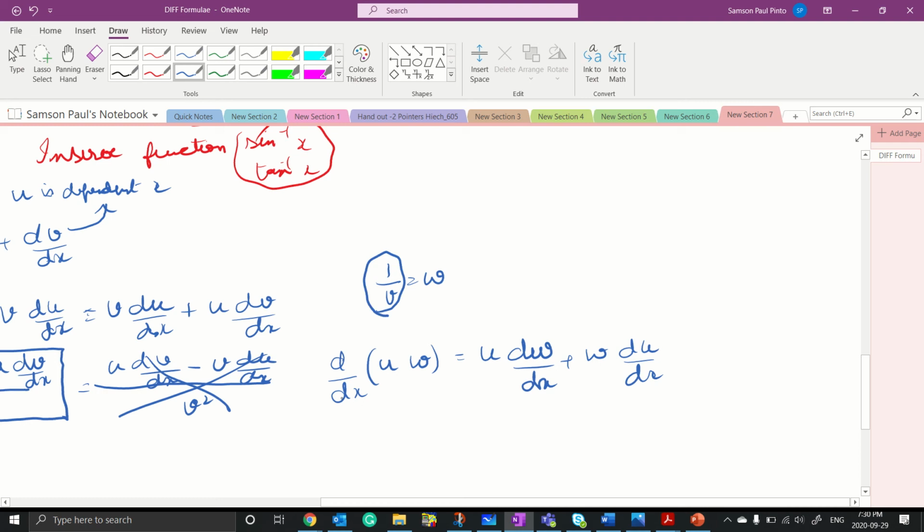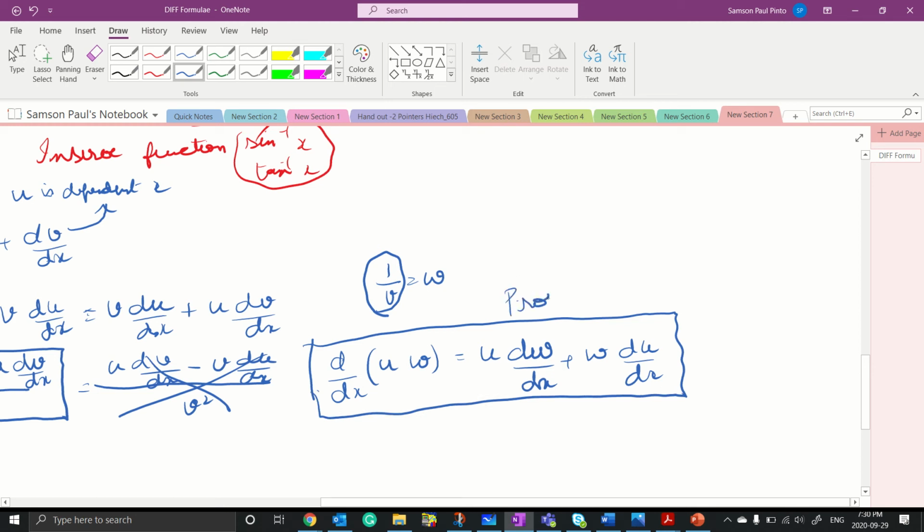I'm converting the quotient rule into the product rule. If you get confused with the quotient rule, you can still do this. There are a lot of ways you can tackle the quotient rule and just use the product rule. So this is done.